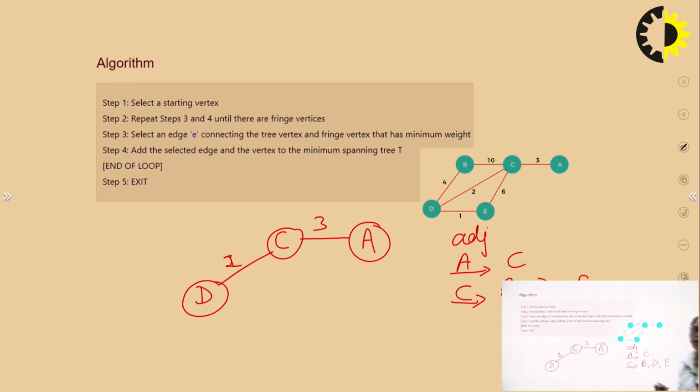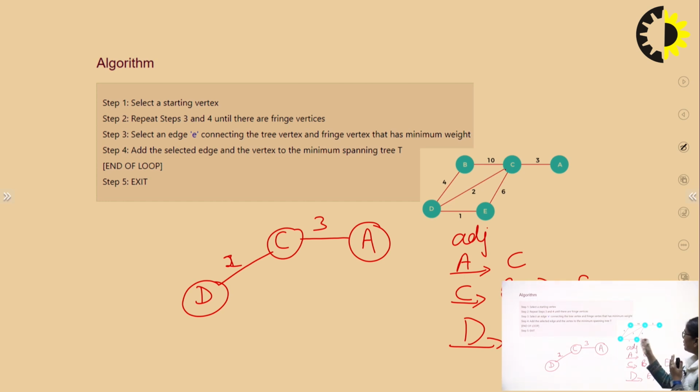Now, when D arises, we have E, we have B. So we can go through C to E also, we can go D to E also, but we are considering the minimum cost.